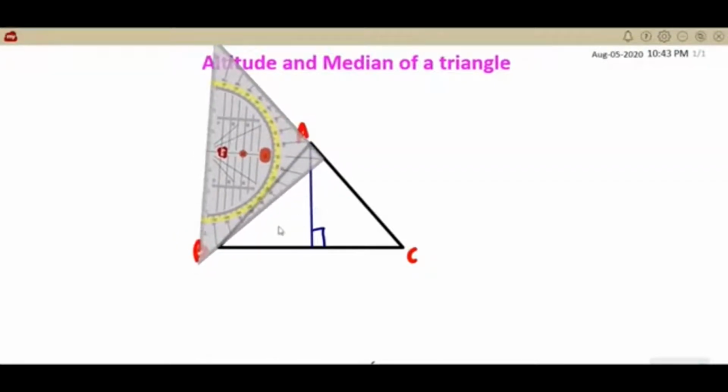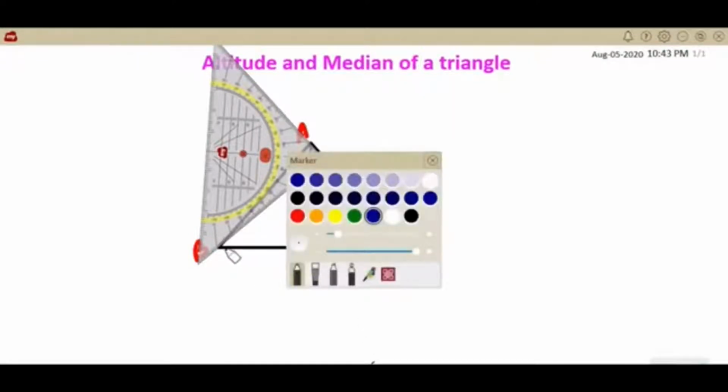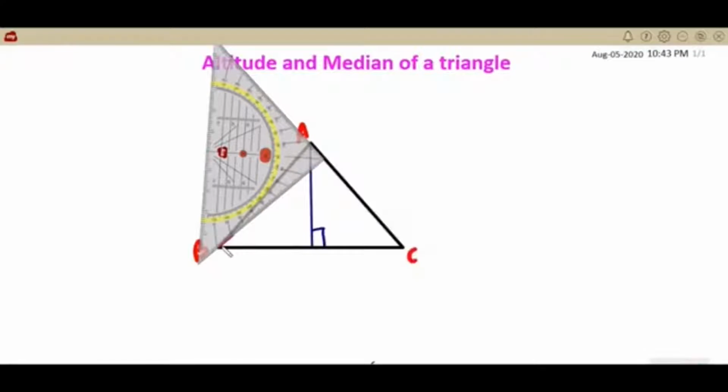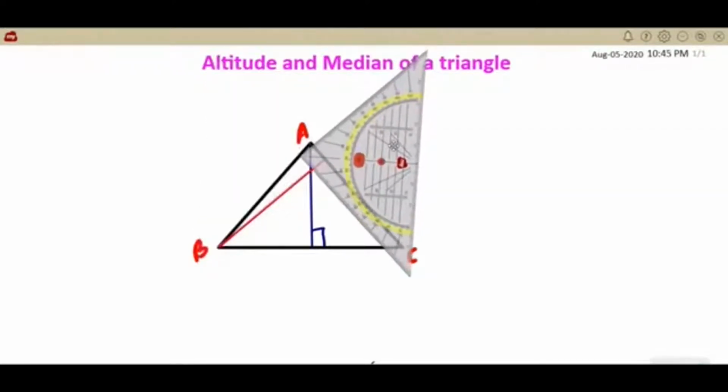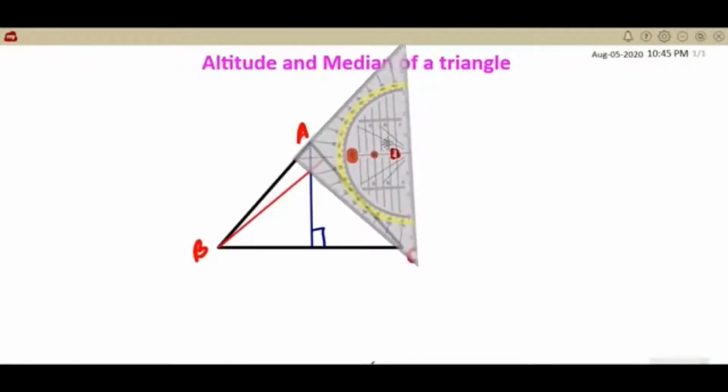Put the set square aligned in such a way that you can draw the altitude from side AC, and I am taking another color so that you can see it clearly after drawing. Okay, the altitude is drawn.